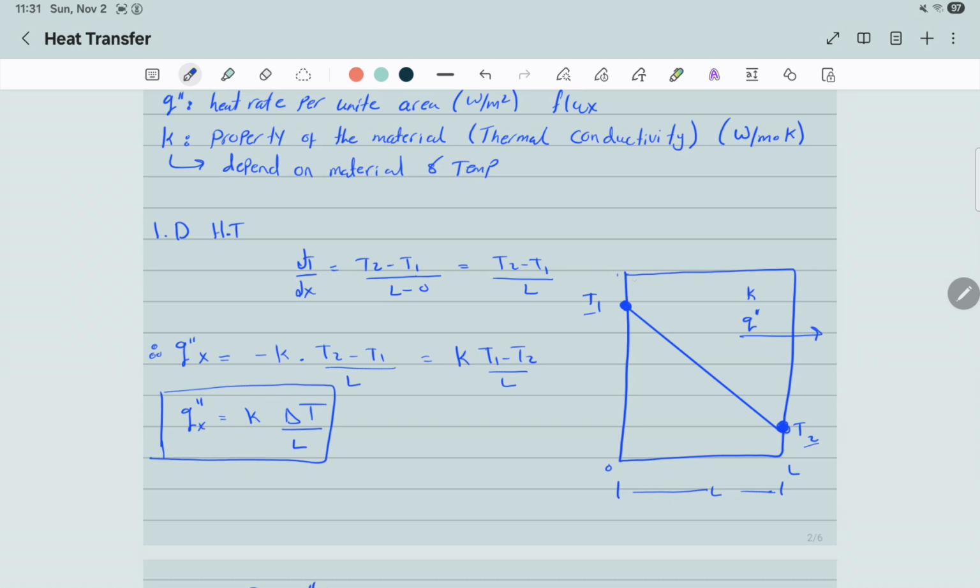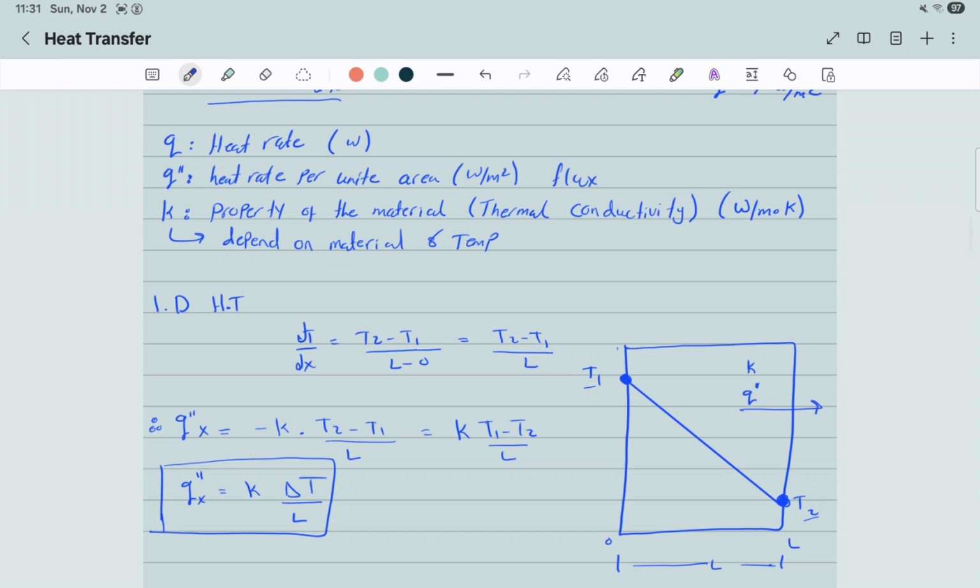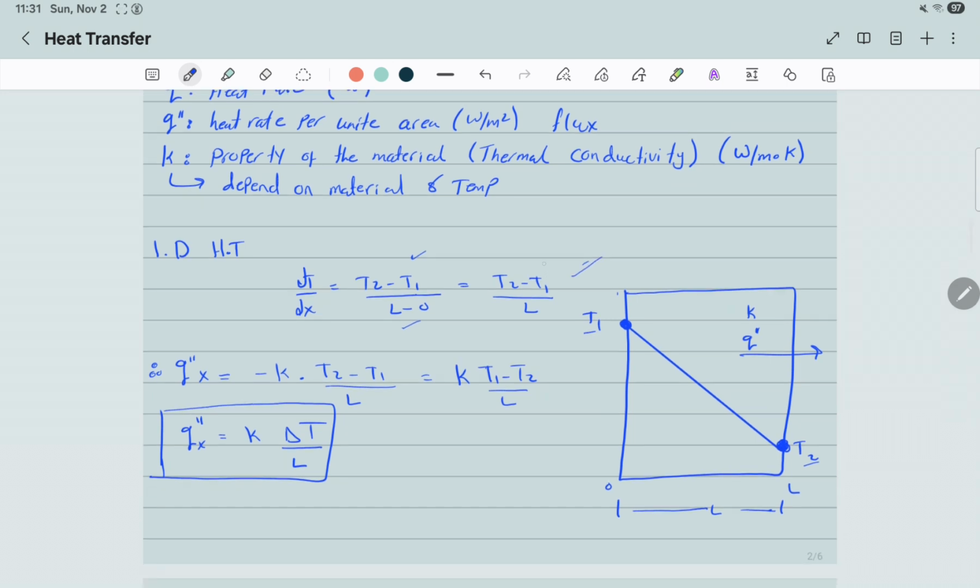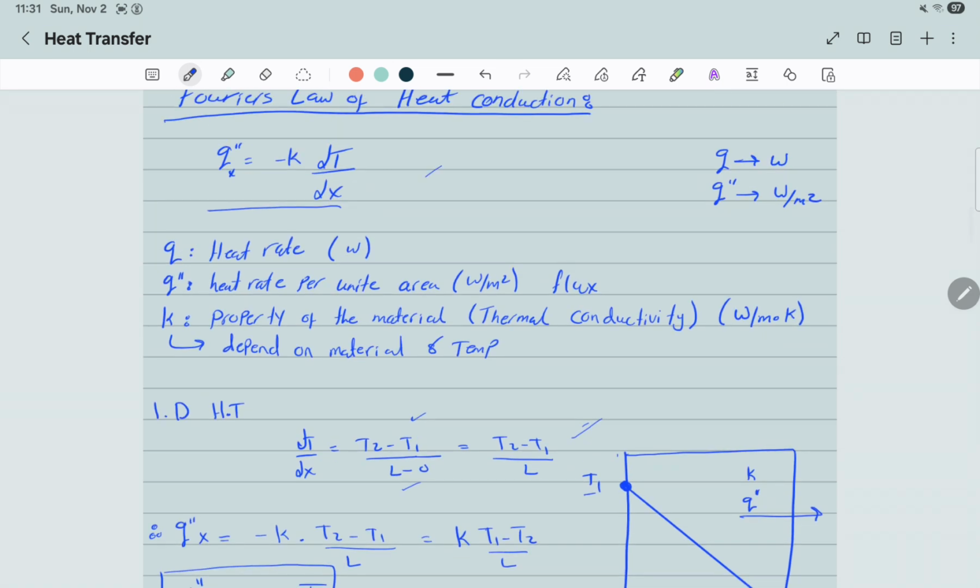Temperature will always transfer from hot to cold, therefore there's a linear decrease in temperature. dT is basically T1 minus T2 right here, and dx is L minus 0, the final length minus the initial length, which can also be written like this. Therefore we substitute this back into our Fourier's equation, this one here.